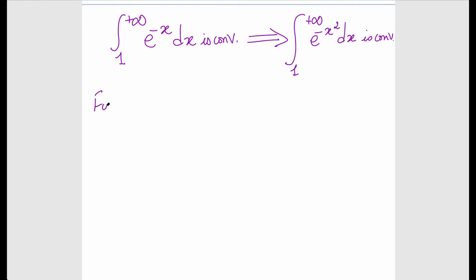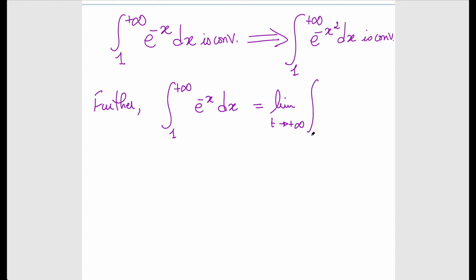So further, this integral from 1 to infinity e to power negative x dx, this is easy to evaluate, right? This is the limit as t goes to plus infinity of the integral from 1 to t of e to power negative x dx. The primitive of e to power negative x is minus e to power negative x, from 1 to t.